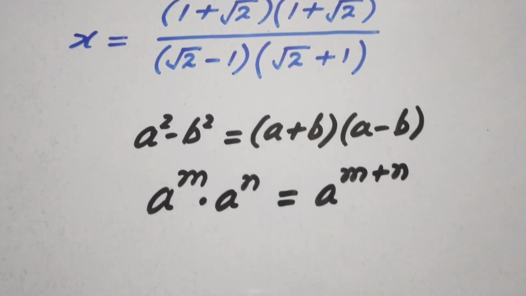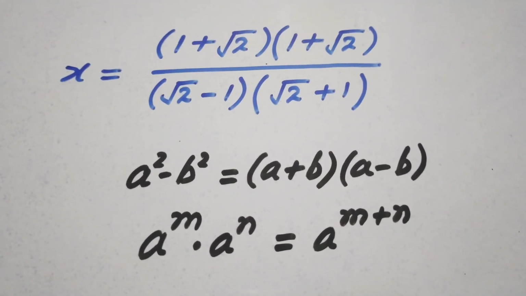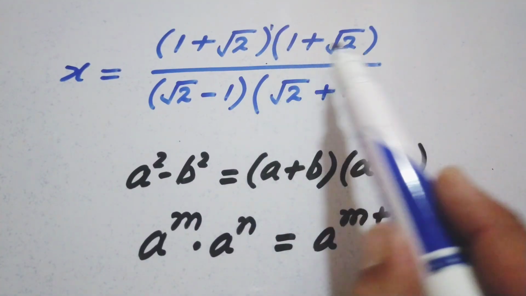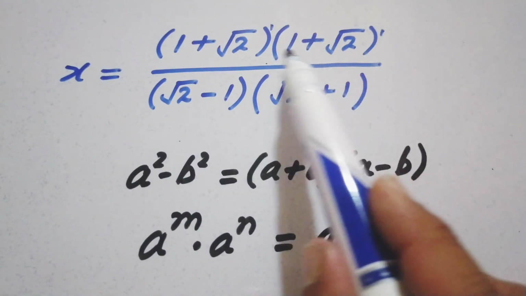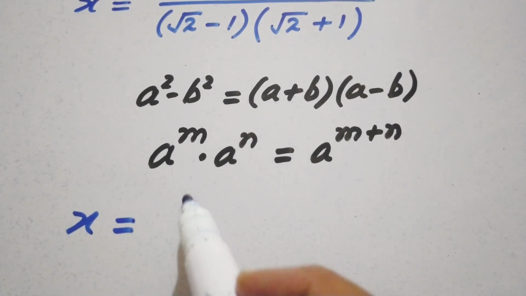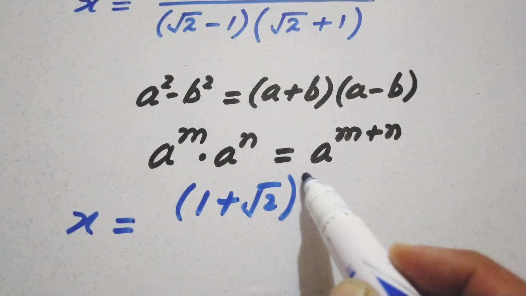Or we can say that when the bases are the same and multiplying each other, then their powers will be added. So the above equation will become x is equal to, the power of 1 plus square root 2 is 1, and also this power is 1, so the bases are the same, their powers will be added, and this will become (1 plus square root 2) whole squared.